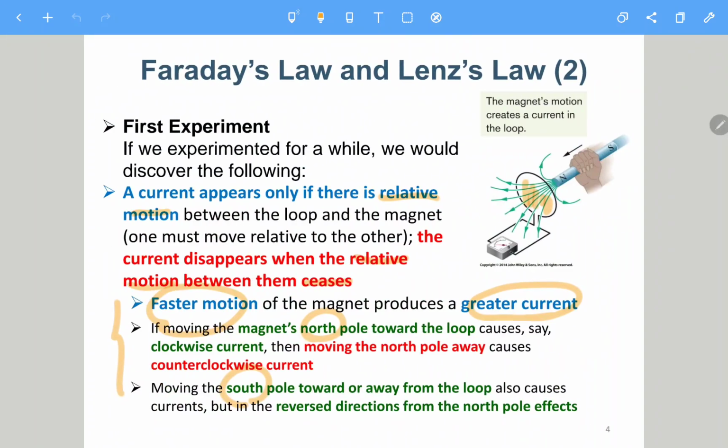Even for this one, you can see that if the bar is far away, then the B field will be something like this. So the magnetic flux going through this loop is smaller, and then if you place it closer and closer, you can see this part is stronger.